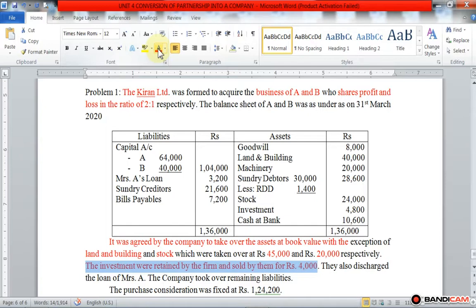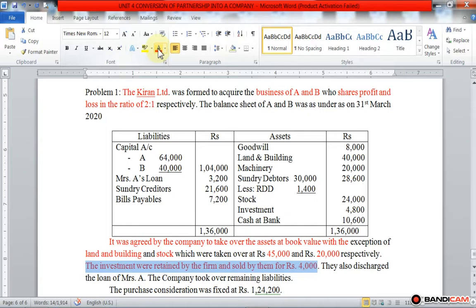Then the firm also discharges the loan of Mrs. A. It means the loan of Mrs. A is discharged, which is paid. It means liability paid. Then the entry will be loan account debit, for repayment of loan.